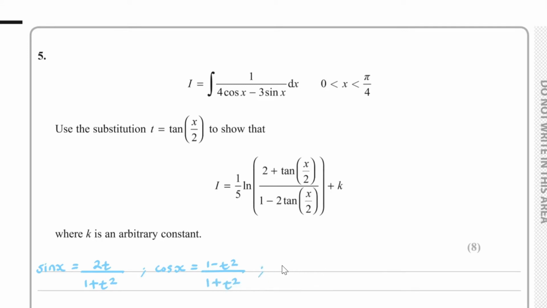And then tan x is equal to 2t over 1 minus t squared.